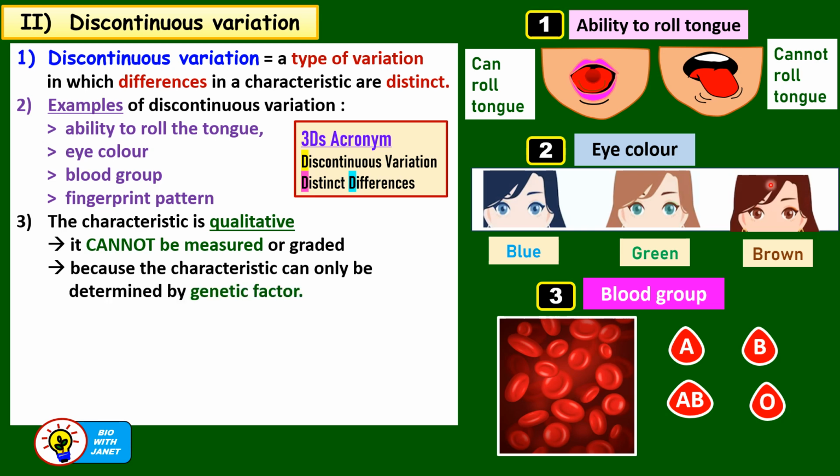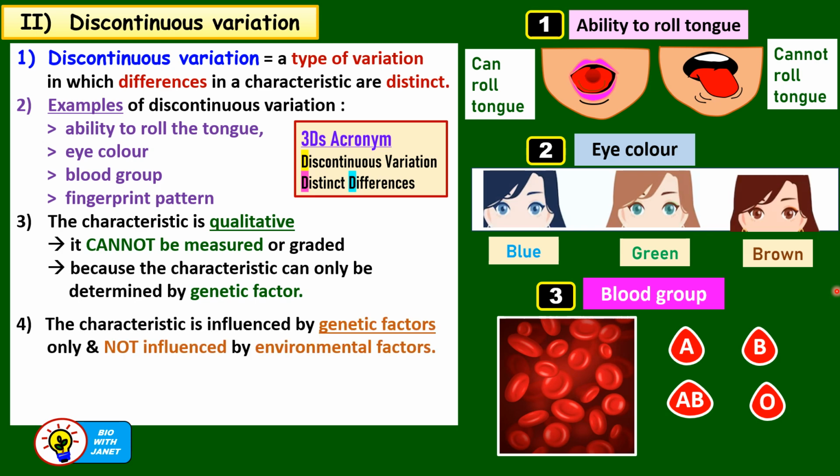So for all these examples of discontinuous variation, the characteristic is only determined by the genetic factor, all right? So characteristic is influenced by genetic factors and not by environmental factors. For example, if you have the ability to roll the tongue, this was determined at birth because you inherited the allele, okay, or the specific gene that enable you to roll your tongue, right?